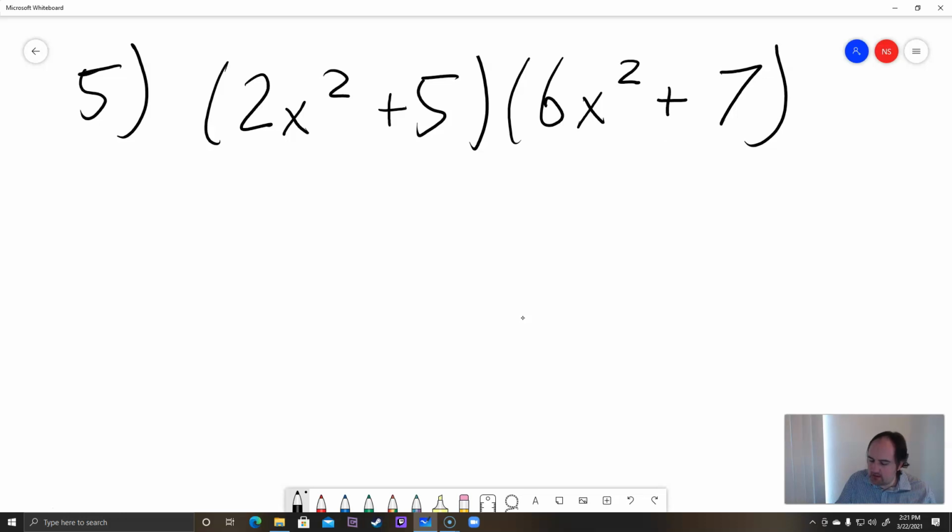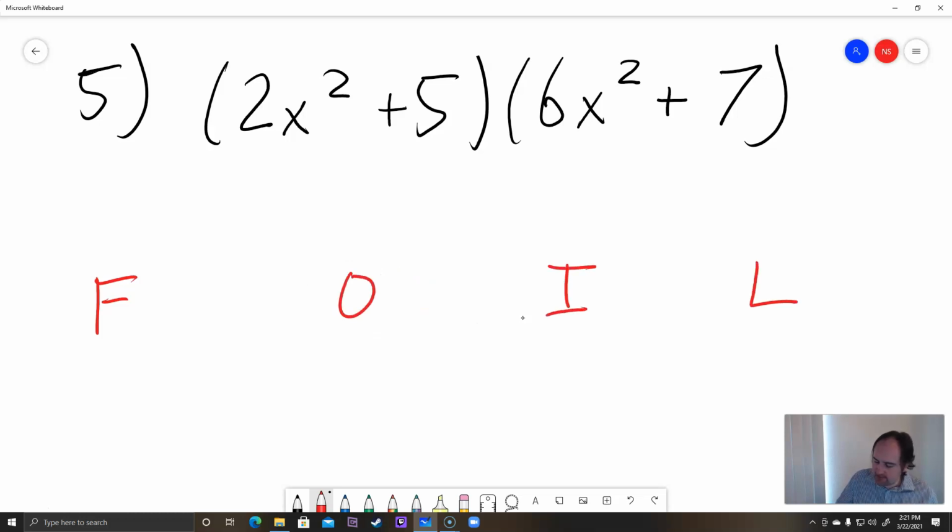So what we have to do here is we have a binomial times a binomial, which means we're going to be using FOIL. So on this one we have powers that are a little bit bigger, but we're still going to be using FOIL.